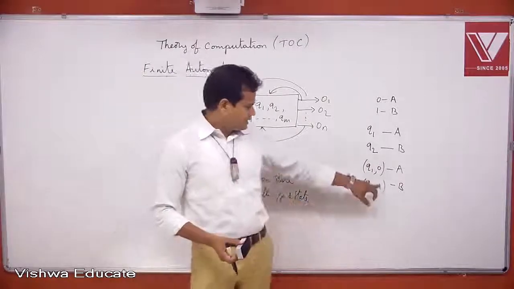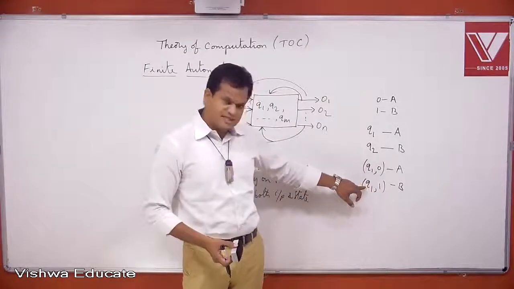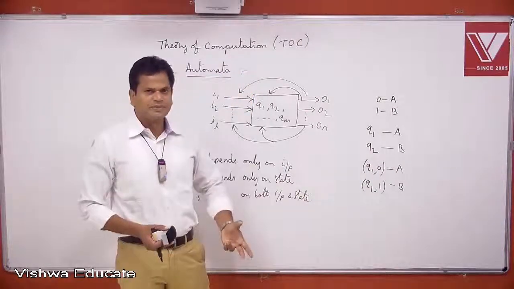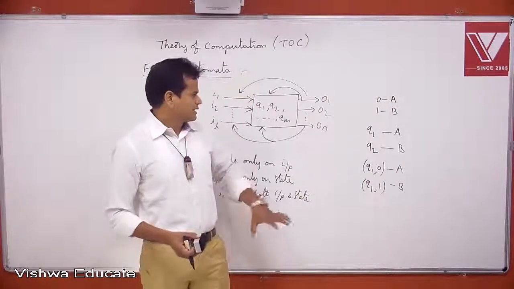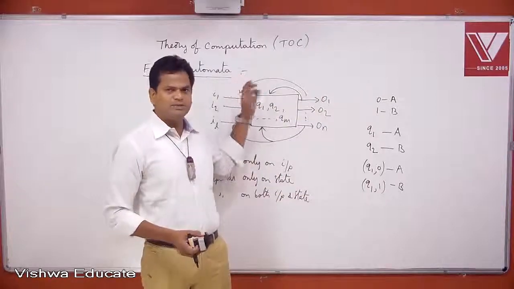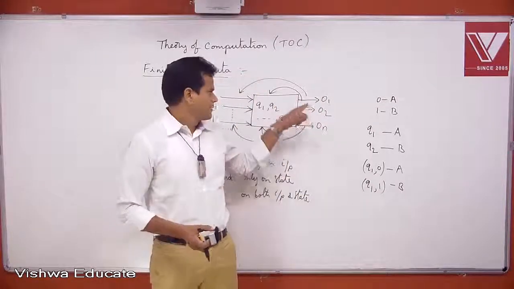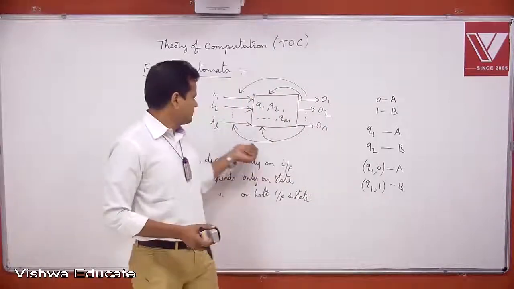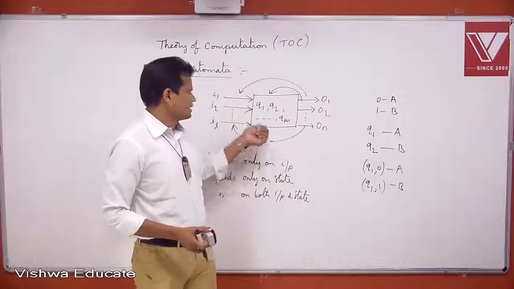If the input is 1 and we change the state, the output will change. So clearly the output can depend only on input, in that case independent of the state, or only on state, in this case independent of the input, or on both input and state.